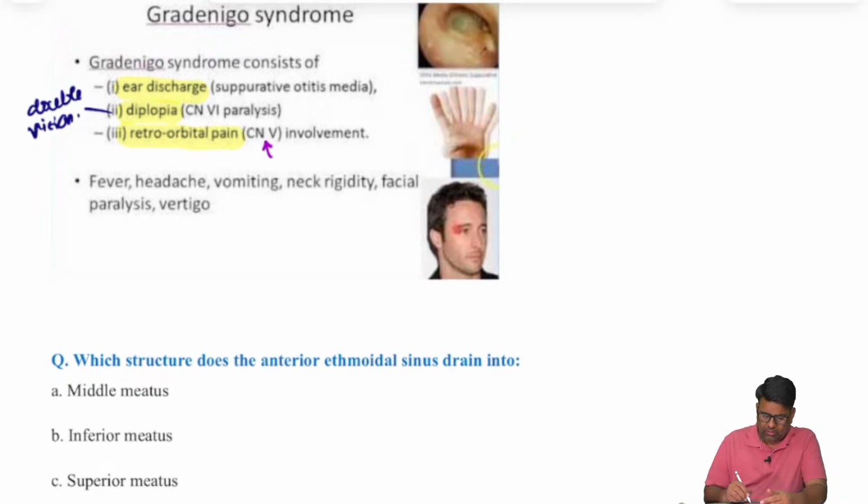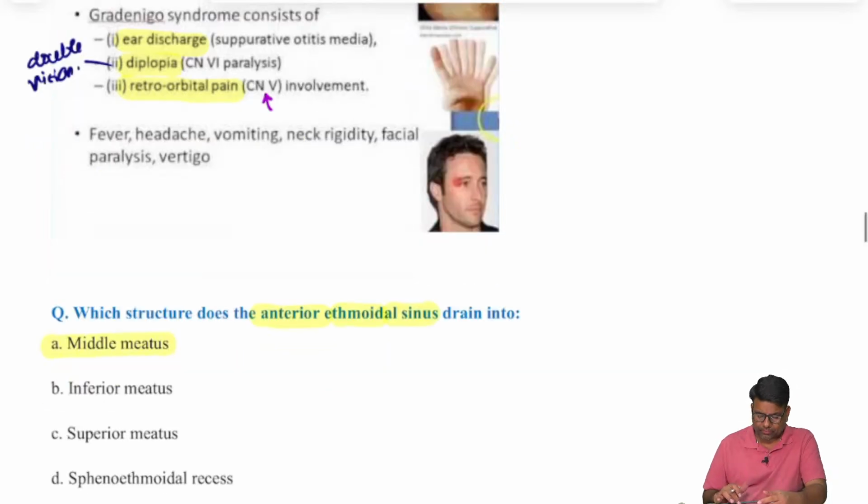Now, another question was again from a very important segment, and that is the lateral wall of the nose. It was asked where the anterior ethmoidal sinus opens. Now, the anterior ethmoidal sinus opens into the middle meatus.